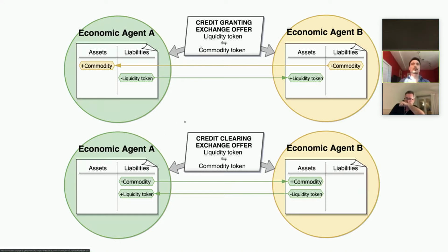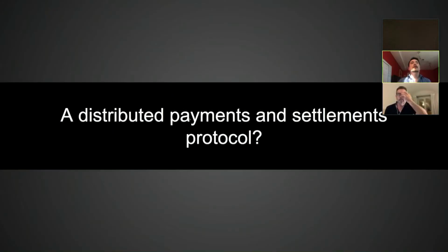This obviously scales with the same properties as the distributed networks we showed before, and liquidity tokens can be exchanged and matched automatically for other liquidity in the network, providing systemic liquidity for as long as there's a mutual credit relationship across any peers connecting the network. So we see this as constituting a payment and settlement protocol for the crypto economy.